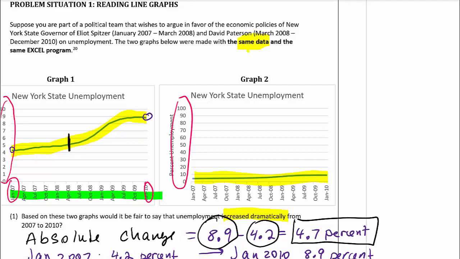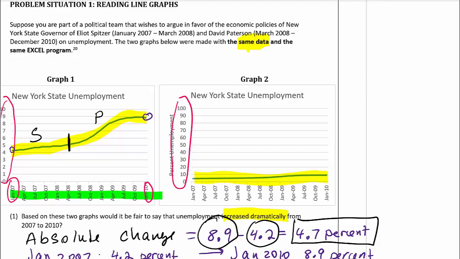So we can put S here for Spitzer and the other one, Pedersen, right here. So you want to argue in favor of the economic policies. So if you want to show that things were not too bad in New York State, then which graph would you choose to show that things are okay, things are not looking as drastically bad? Let me give you a chance to select the graph.